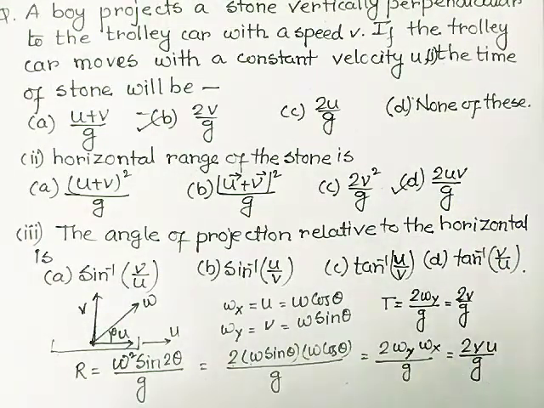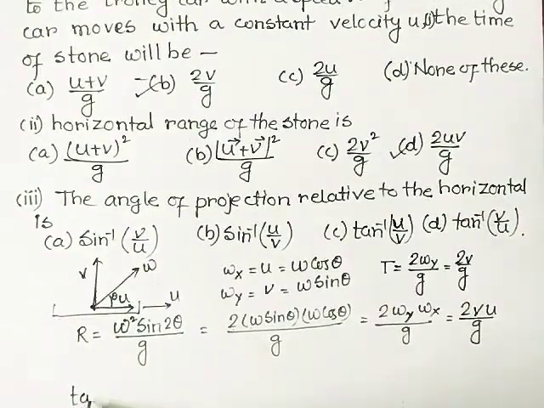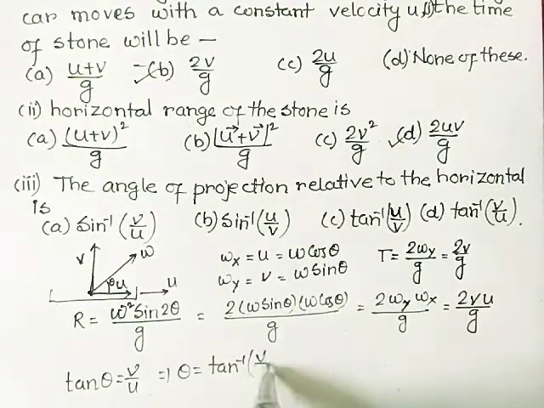The angle of projection relative to the horizontal is obviously theta, and tan theta is equal to v divided by u. So from here theta equals tan inverse v divided by u.